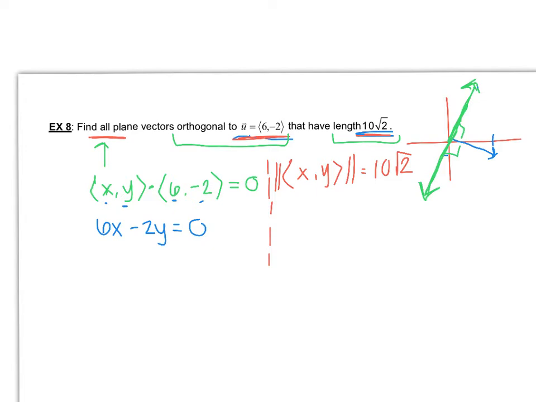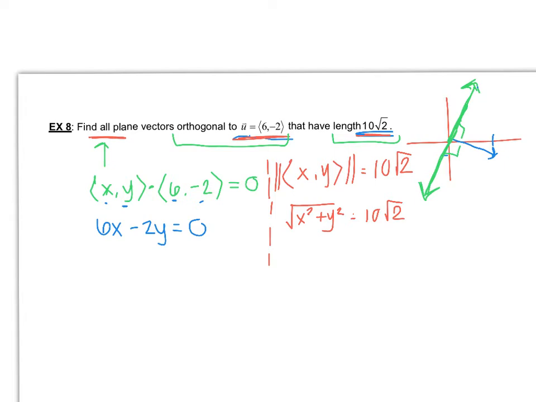It's the square root of x squared plus y squared. So now this means we've got a second equation that relates x and y. It's that the square root of x squared plus y squared equals 10 root 2. So we've got these two equations, also known as a system of equations, and we can use substitution here in this blue one, plug it in for one of the variables here, and work towards finding the possible values of x and y.